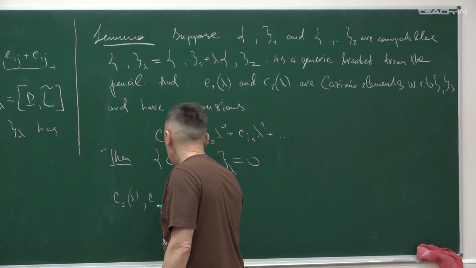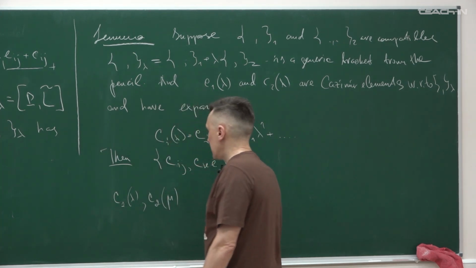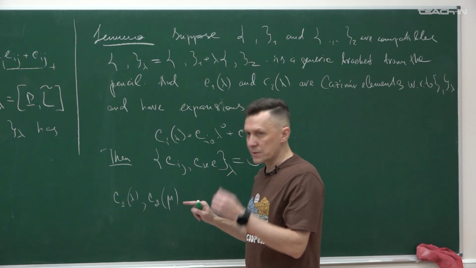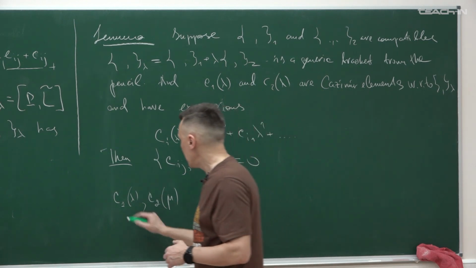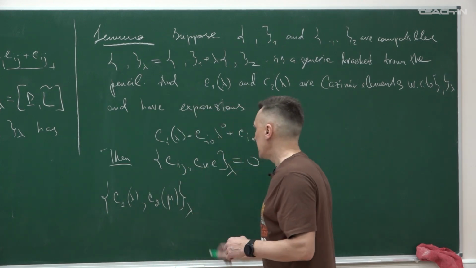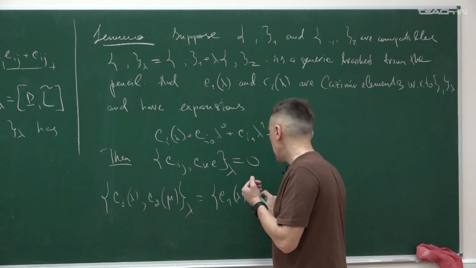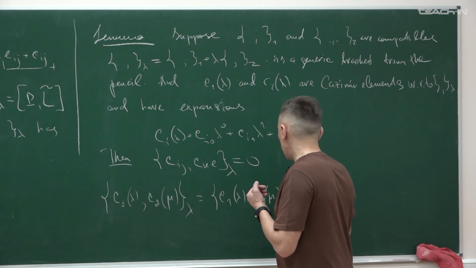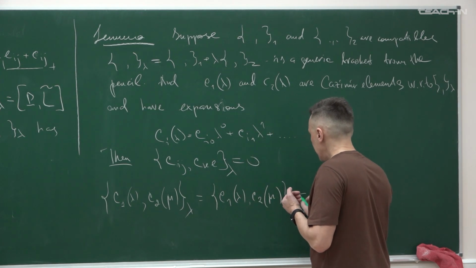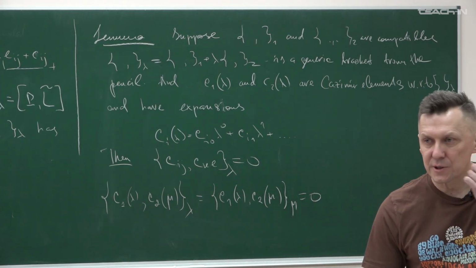Let me calculate the Poisson bracket with different values of this parameter, at the point lambda and at a point mu. It is always 0.